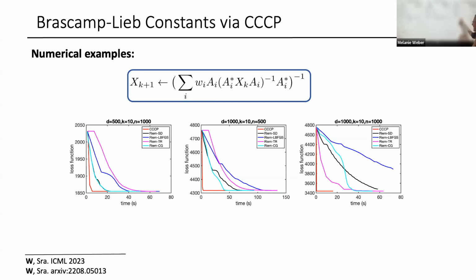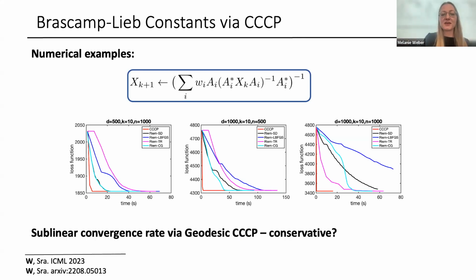We see here that we're really faster than first order methods. So we would expect that the convergence we should be able to show is much faster than the sublinear convergence guarantees our CCCP framework would give for the fixed point iteration that I just showed you.